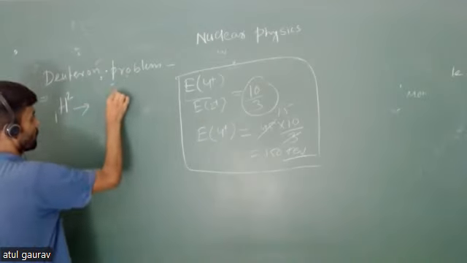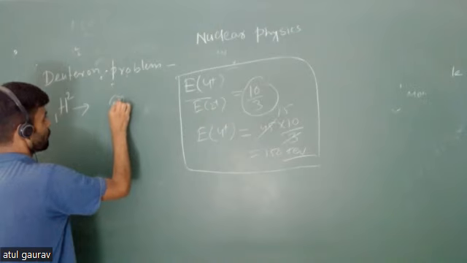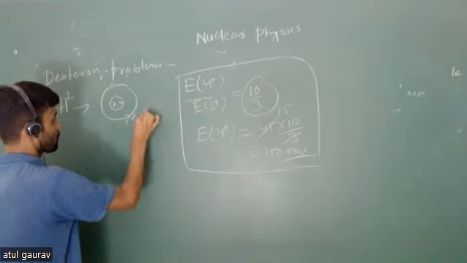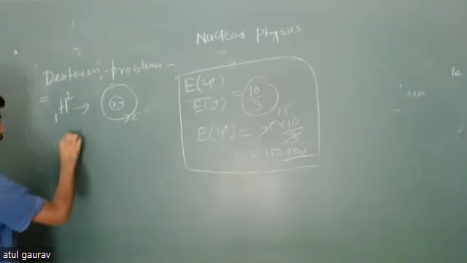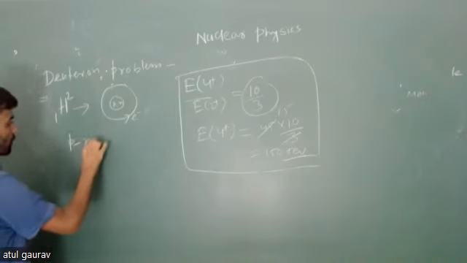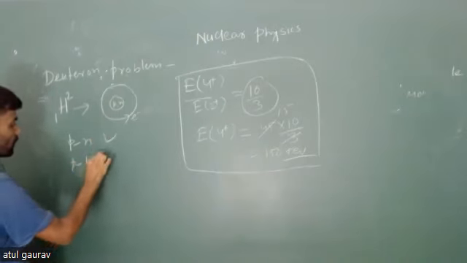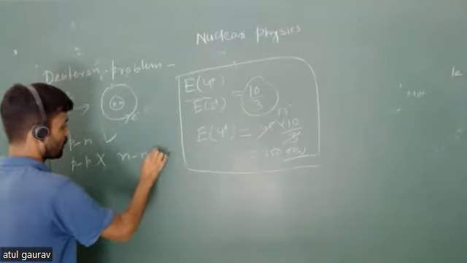If you write the structure, we will have a nucleus, one proton will be there, one neutron will be there, and of course one electron will be revolving. So it is the only bound state of two nucleons. What does it mean? Proton and neutron exist, but two nucleons like proton, proton, that is not existing. Also neutron, neutron, that does not exist.